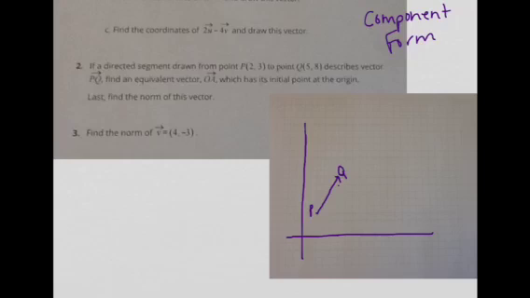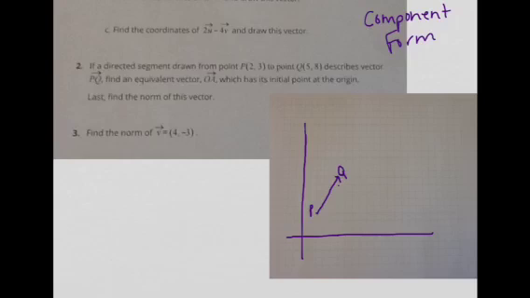So that vector is formed from point P to point Q. We have to change those points into component form to notate basically what directions you go to get the vector.